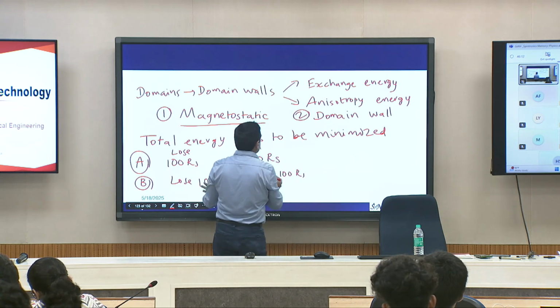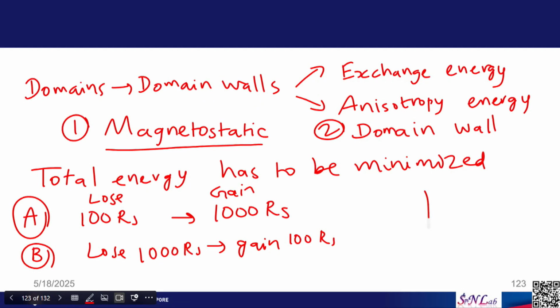So, the transition point is actually the size of a particle. Here, for example, let us say I put the diameter of a particle. Let us imagine we have some spherical particle.